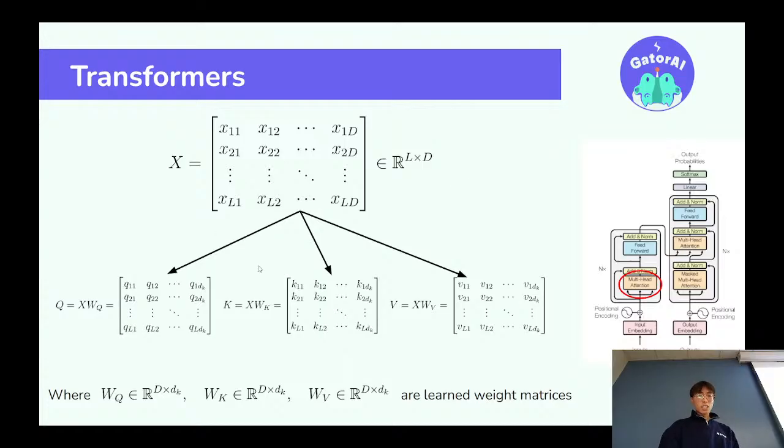And essentially we calculate these three separate matrices, the key, query, and value matrices, using X. We calculate them using matrix multiplication with WQ, WK, and WV, which correspond to the weights for those query, key, and value matrices. So they're learned weight matrices, and we just multiply them with our text, and this gives us three matrices that we can now use in our calculation.